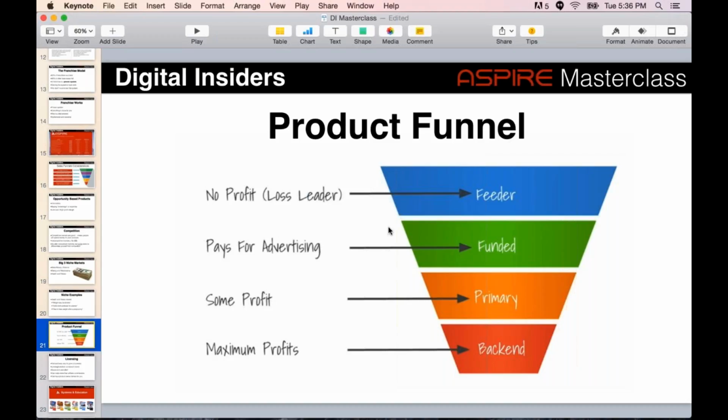But then you have items that are maybe a little bit higher ticket items that might be 40, 50 bucks, something like that, or maybe 100 bucks, whatever it costs to pay for your advertising costs. So even at this level, you're still selling products that are really just offsetting your costs of advertising and trying to get to a point at least where your income from these products is paying for all of your advertising, all of your traffic, and all of that stuff.